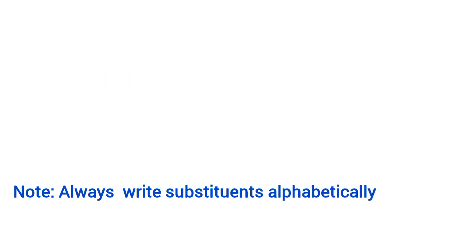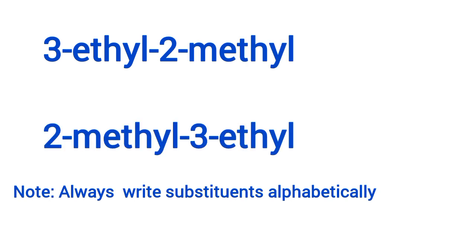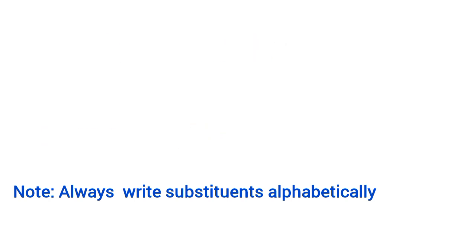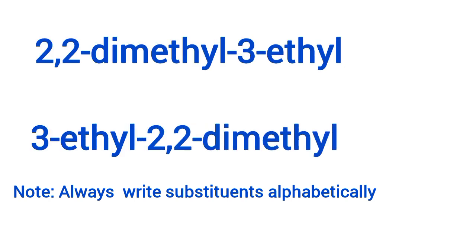For example, say we have 2 substituents, an ethyl and a methyl. Alphabetically, E comes before M, so we write ethyl before methyl, irrespective of the number attached to this substituent. Another scenario, say we have ethyl and dimethyl.